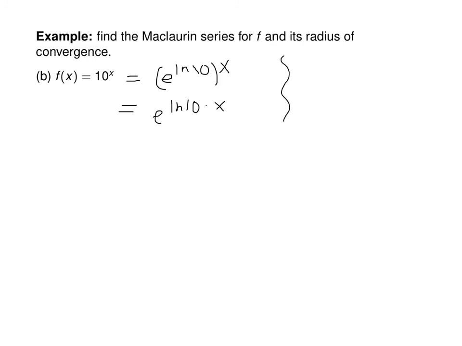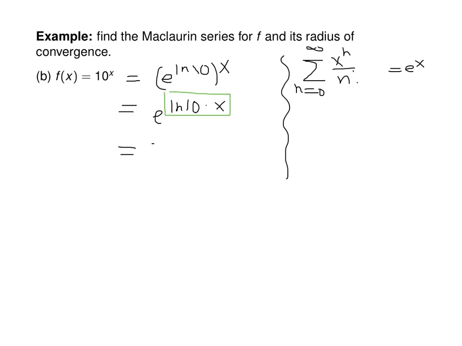So I have the formula for e to the x equals the sum from 0 to infinity of x to the n over n factorial. What I'm going to do here is input ln 10 times x for the x.